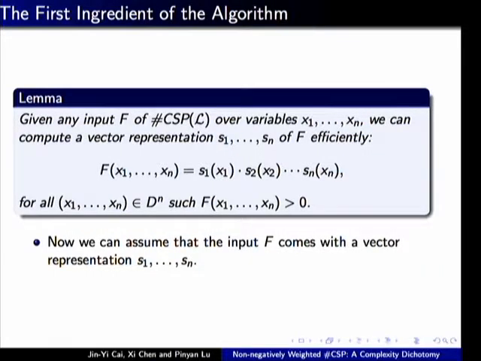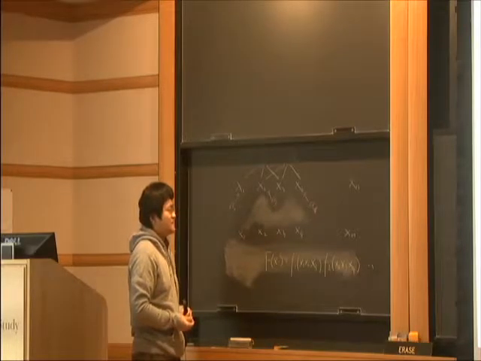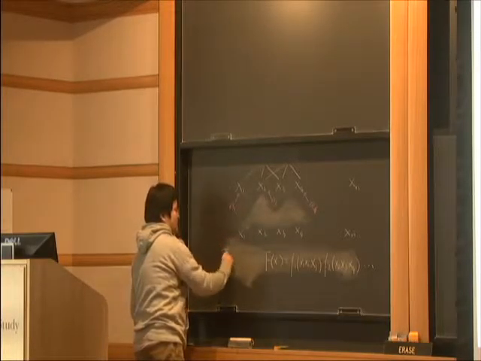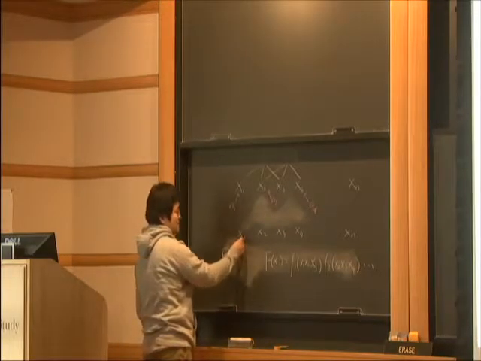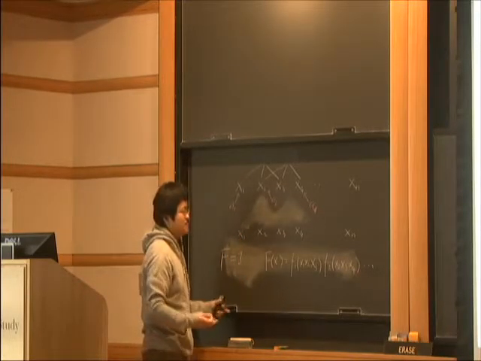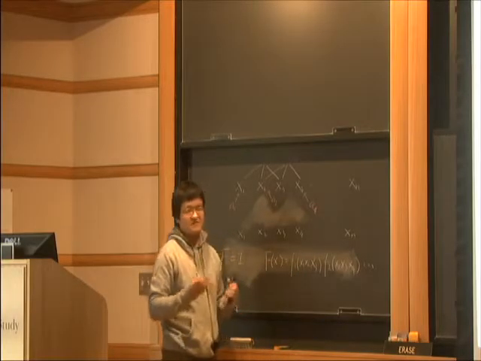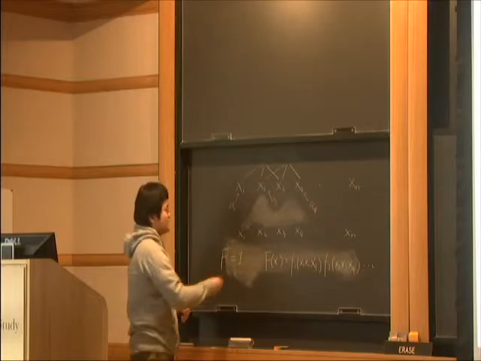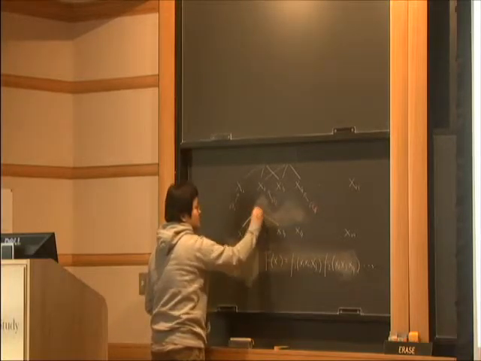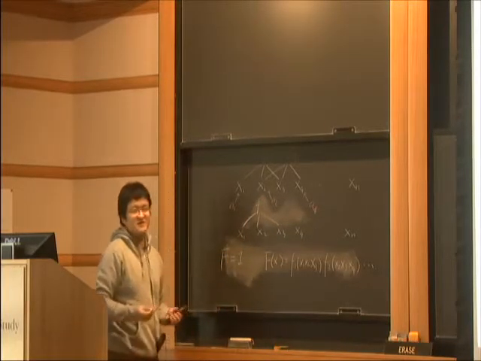So the idea is at the beginning, we don't have any constraints. So f is the all-one function. Then we can just set the vector for x1 to be the all-one vector, set all the vectors to be all-one vectors. So this clearly gives us a vector representation. And now suppose the first constraint f comes in.